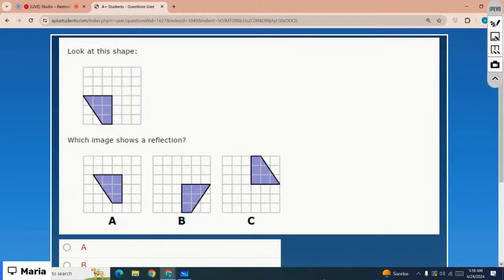Reflection is the mirror image, right? B is the reflection. The correct option is B.